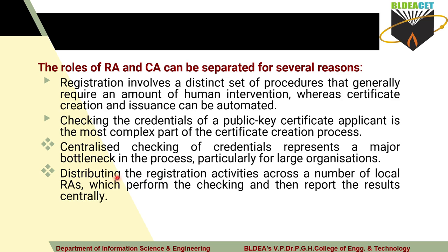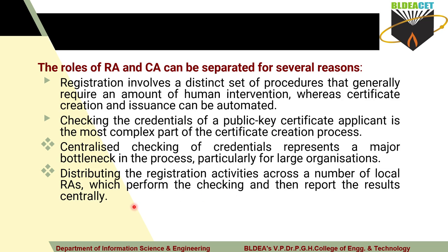Okay, so that's why the registration activities are distributed across a number of local RAs, which perform the checking and then report the results centrally. So first, for getting your public key certificate, checking of credentials is very important, and that is what we call registration. During registration, the credentials of all the applicants are verified.